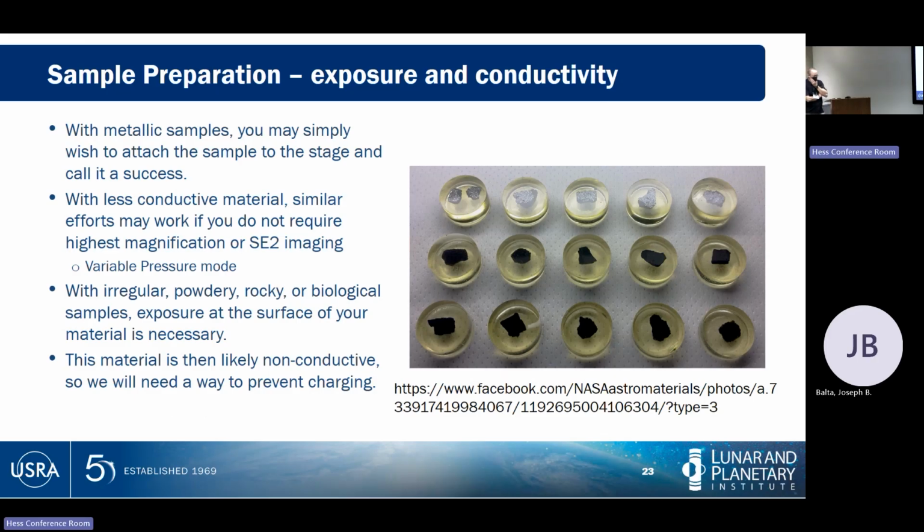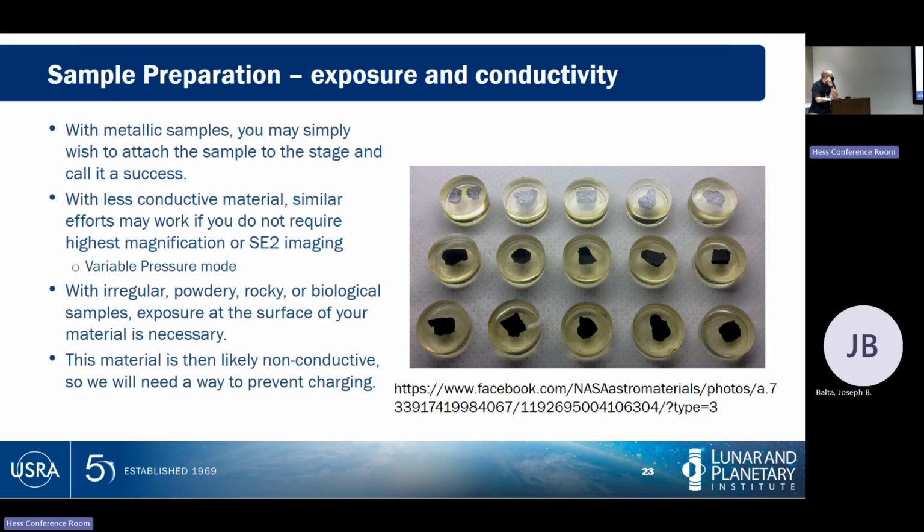If your sample is a simple one and it's metallic, you may just be able to attach it to your stage, or connect the metal to your stage even if it's mounted, and boom, you're good, because the metal will just carry away any current.